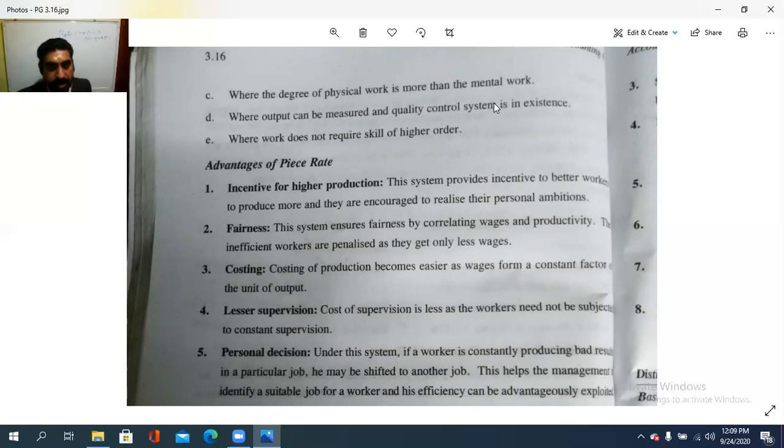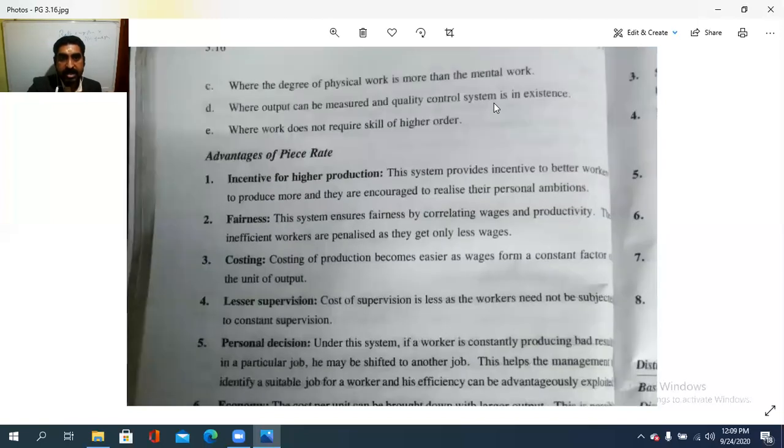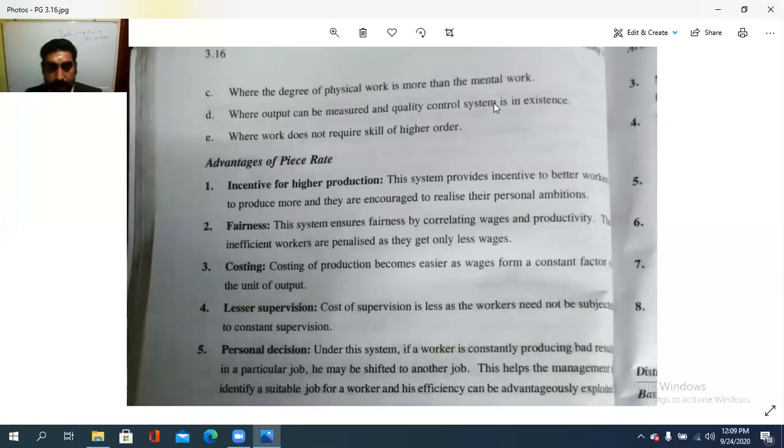Where output can be measured and quality control system is in existence, and where work does not require skill of higher order. These are the suitability conditions.